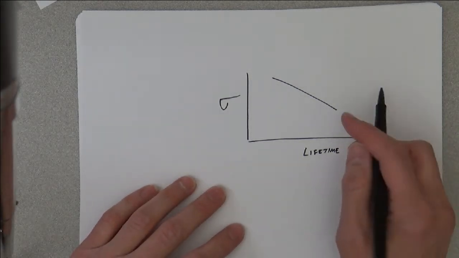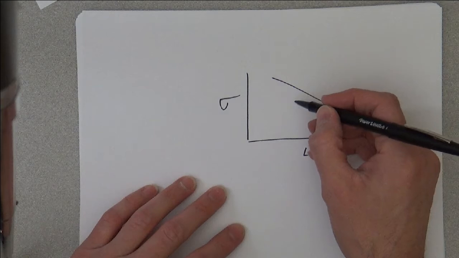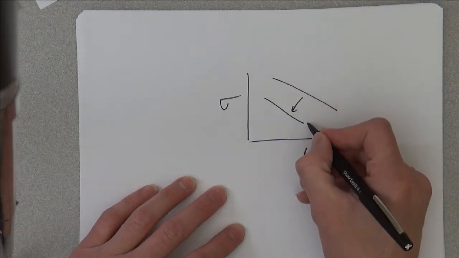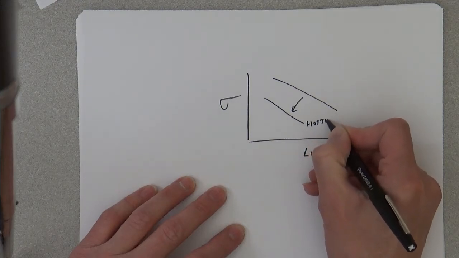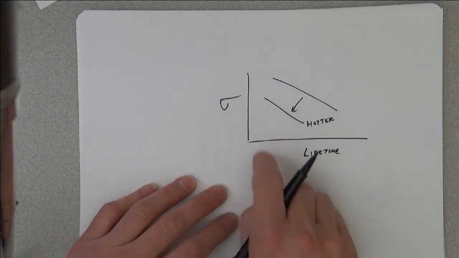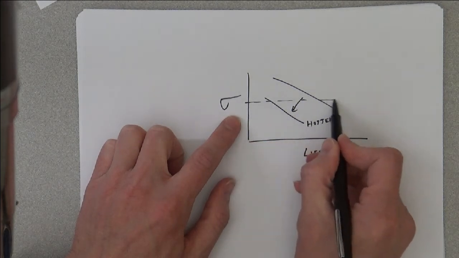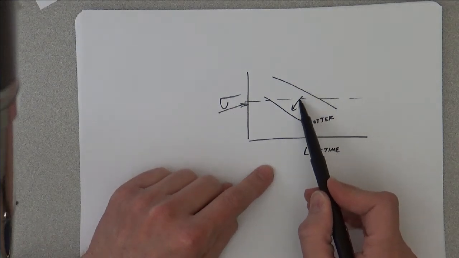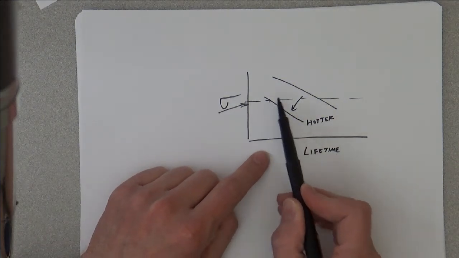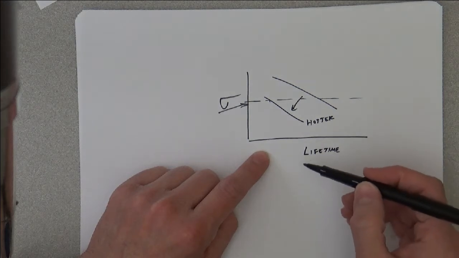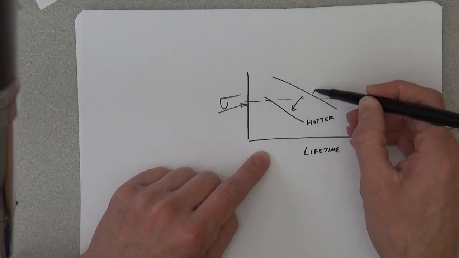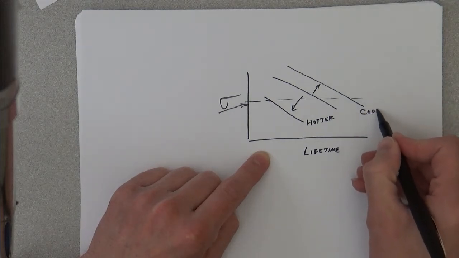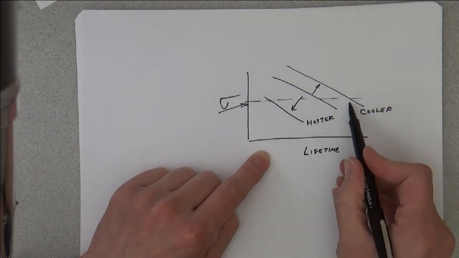And as we increase the temperature, that's going to decrease the lifetime at a given stress. Increasing the temperature will decrease the lifetime, and the converse of that is that if you were to operate at a lower temperature, you would increase the lifetime.